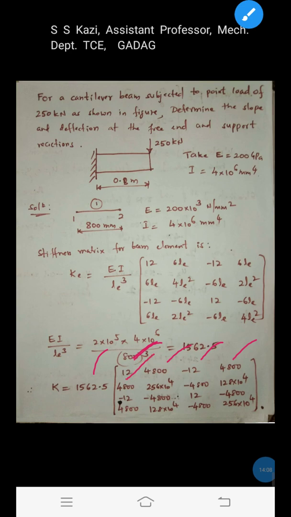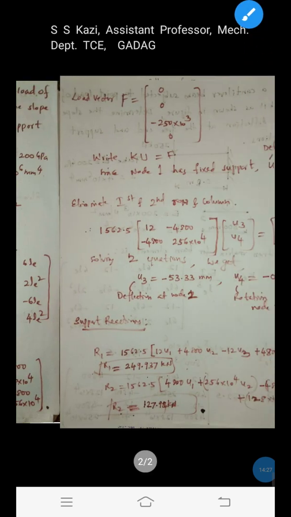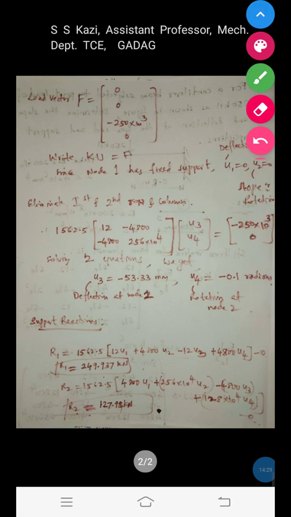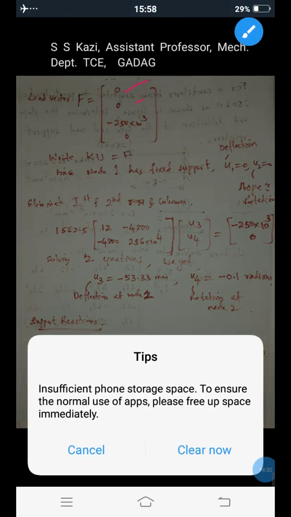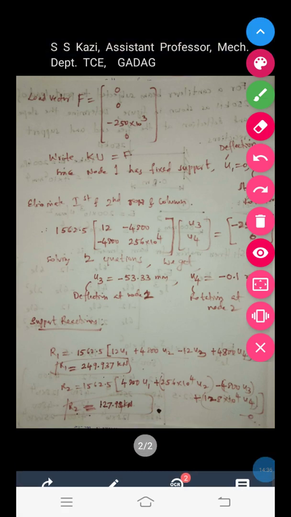Second, R2 can be found out by using the second equation, that is Ku minus F, 1562.5 into bracket 4800 u1 plus 256 into 10 raised to 4 u2 minus 4800 u3 plus 128 into 10 raised to 4 u4 minus F2. We have it as 0, you can observe here. Okay, F1 and F2 are zeros. Like this you can calculate.